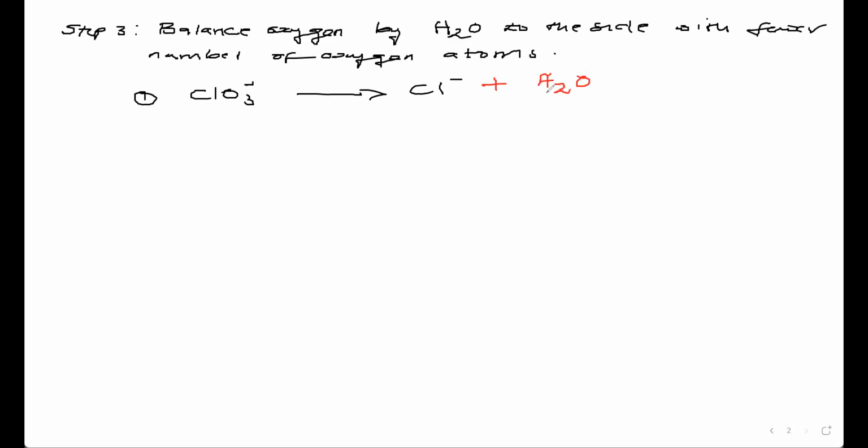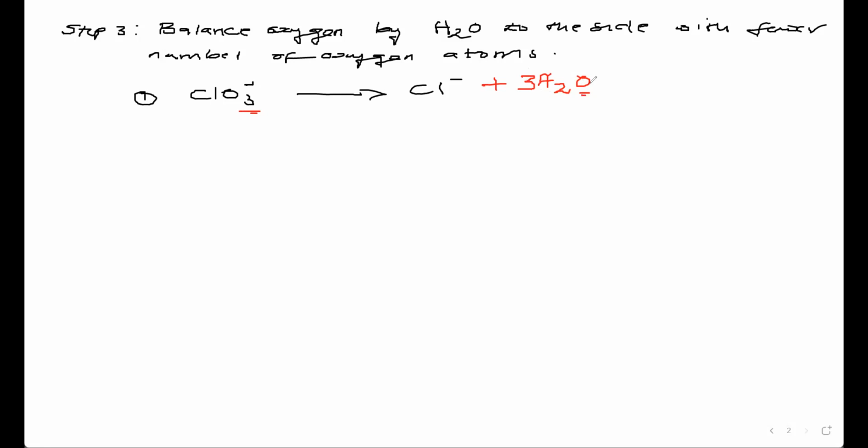Now, how many oxygen atoms are we going to add? Once you add water like that, you need to count how many oxygens we have on the other side. In this case, we have 3 oxygen this side, which means we need to add 3 water. The reason is that in water, there is only 1 oxygen atom.